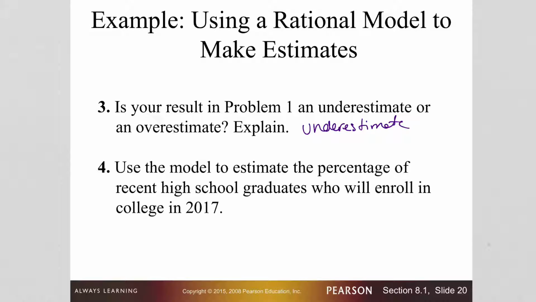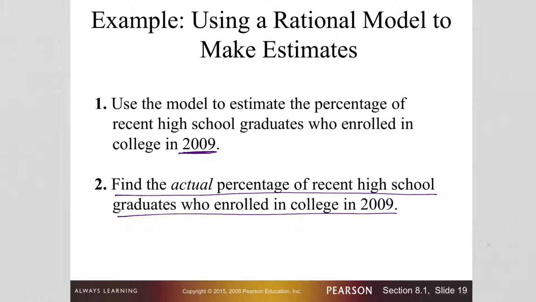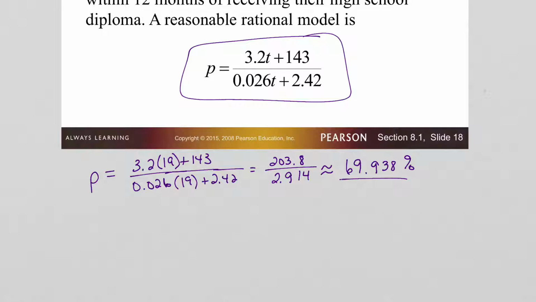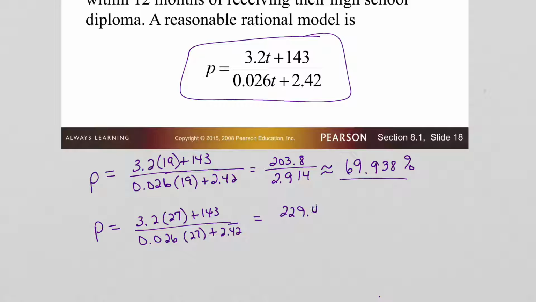Okay, now they're asking us about 2017. So we're going to let t equal 27. Okay, so 3.2 times 27 plus 143 is 229.4.